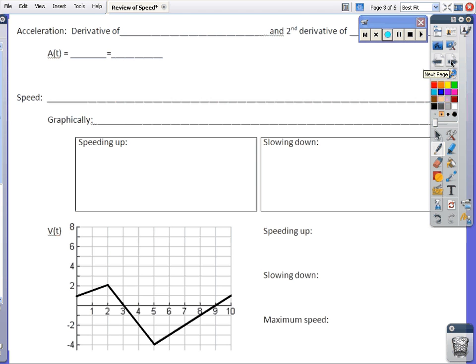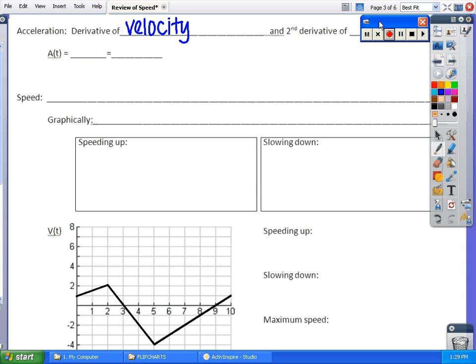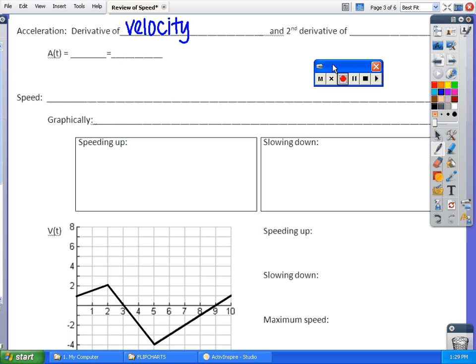We talked about position, we talked about velocity, and I want to make sure that you know that acceleration is the derivative of velocity, and acceleration is the second derivative of position.